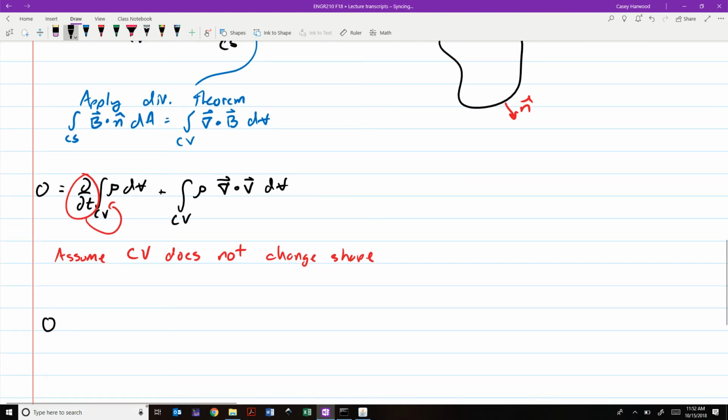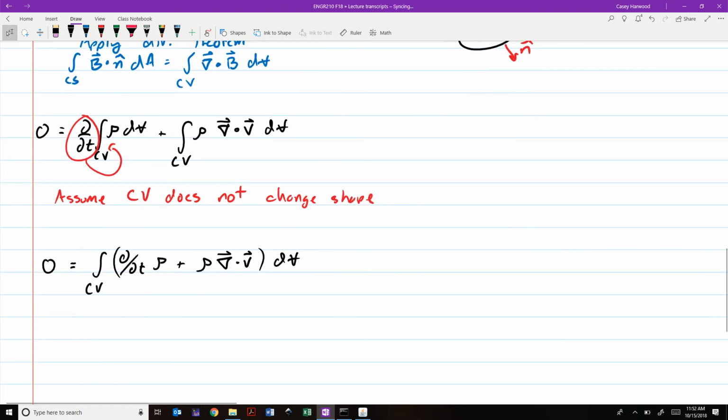And we get 0 equal to the integral over the control volume of the partial time derivative of rho plus rho grad dot v, dV.